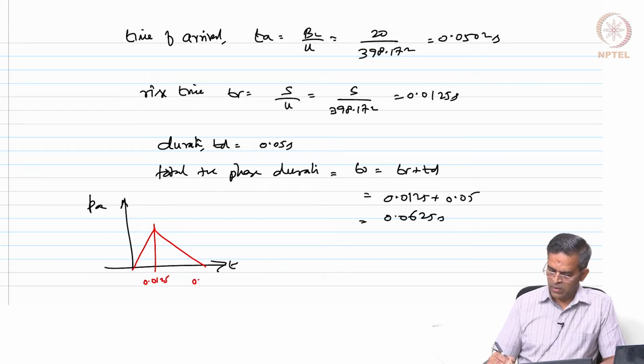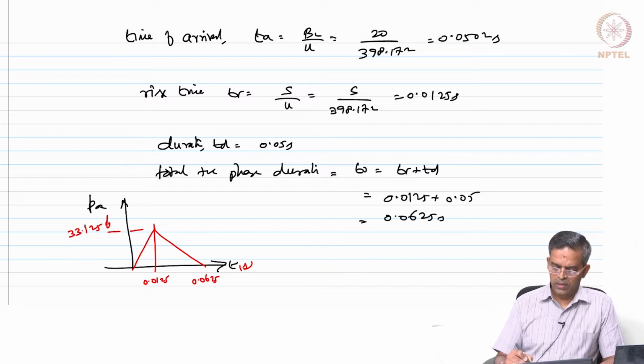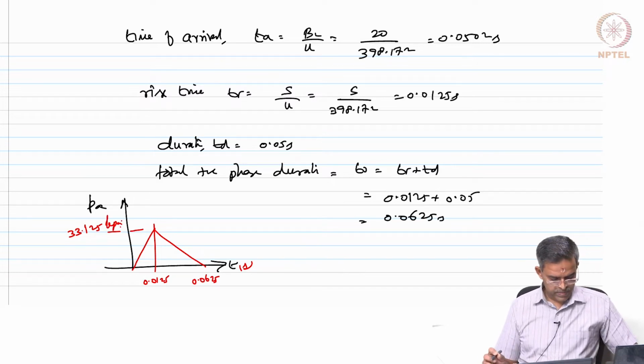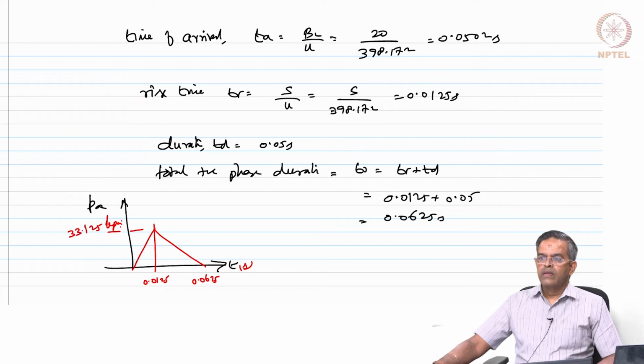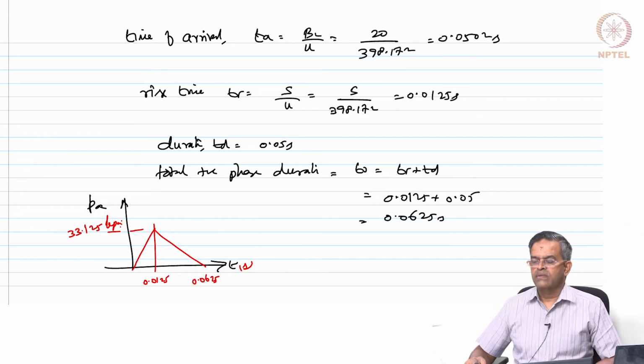This is 0.0125, this is 0.0625, and this value is 33.125 kilopascal. So, friends, this example illustrated how to compute the blast loads on different segments of a rectangular building taken for the study using UFSC code. Okay?